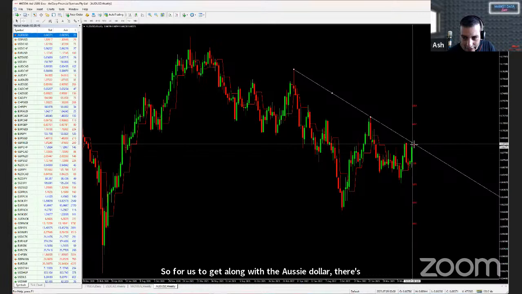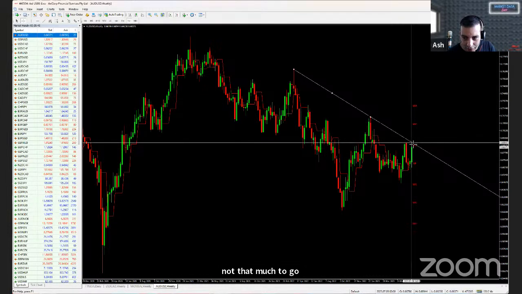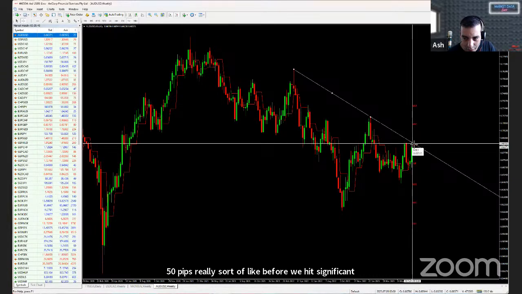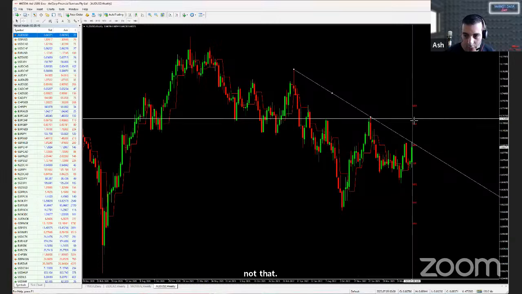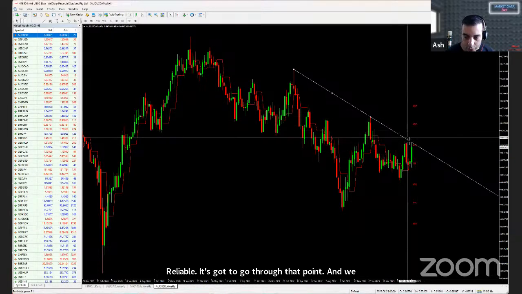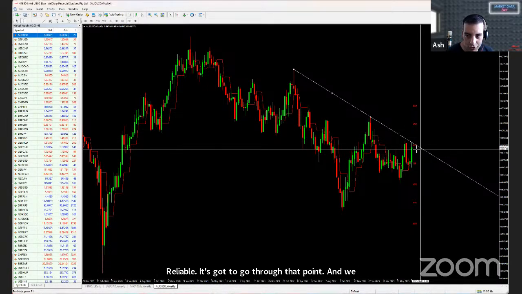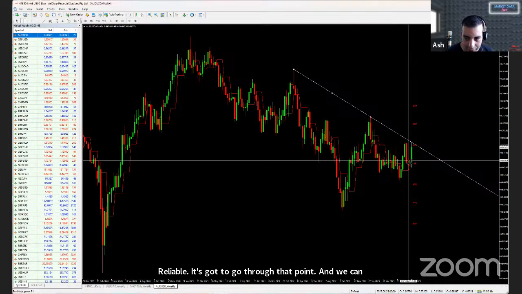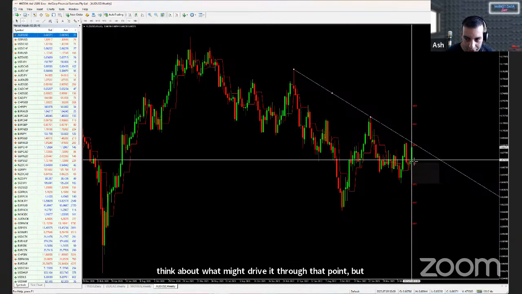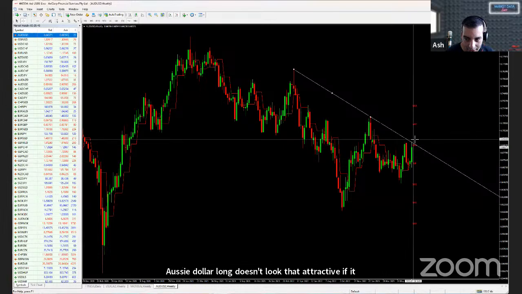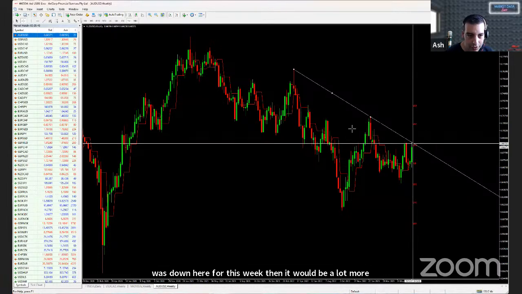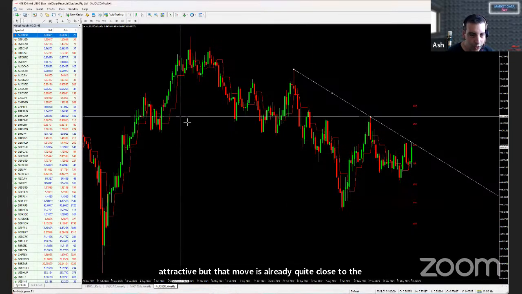It's 50 pips before we hit significant resistance that's already proven itself to be probably not that reliable. It's got to go through that point, and we can think about what might drive it through. But Aussie dollar long doesn't look that attractive. If it was down here for this week, it would be a lot more attractive, but that move is already quite close to the resistance point.